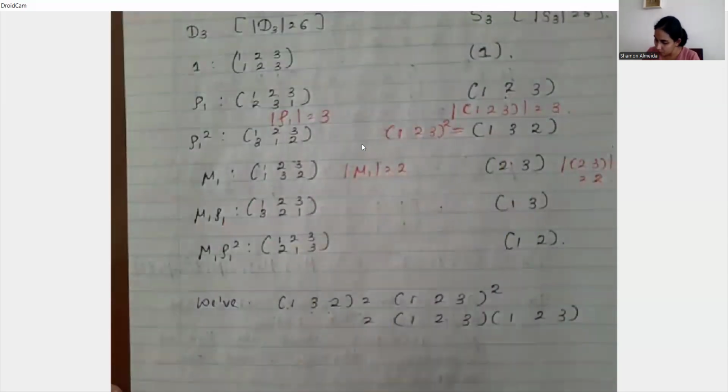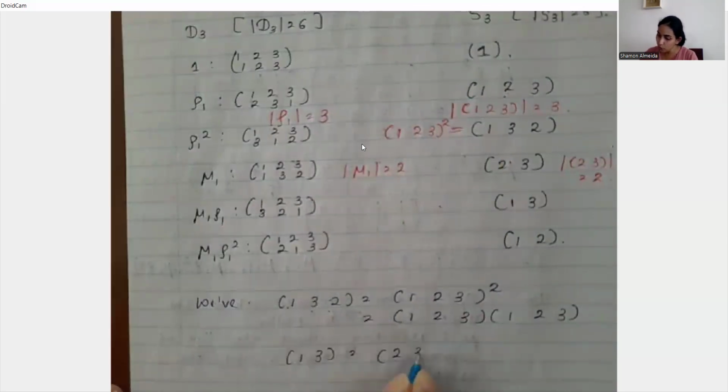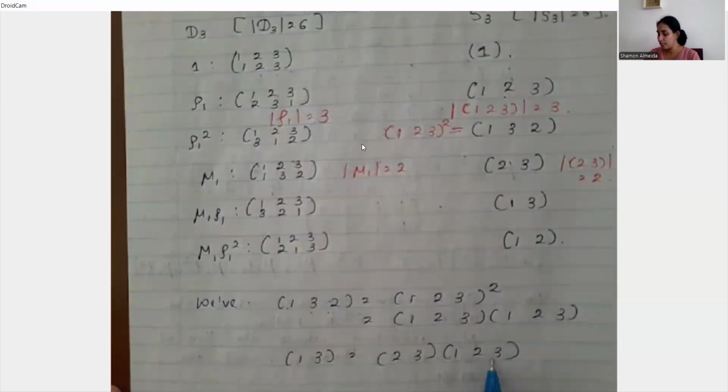We can write 1, 3 as the composition of 2, 3 and 1, 2, 3. 1 is sent to 2, 2 is sent to 3. So 1 is sent to 3.